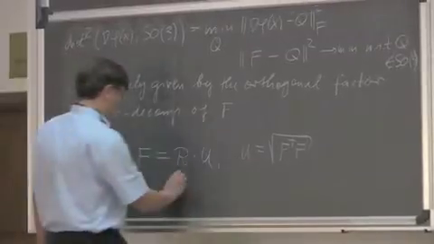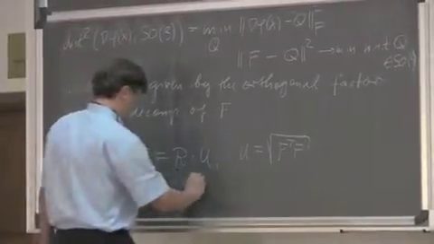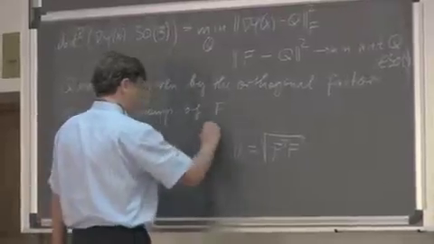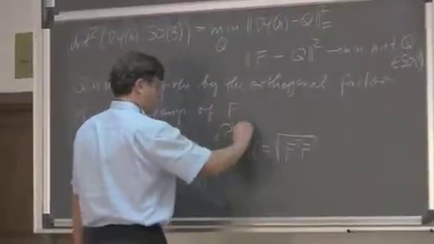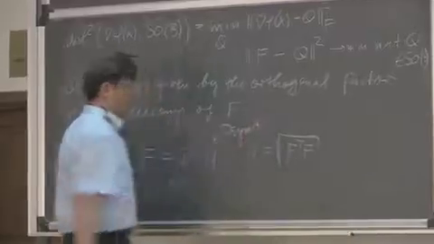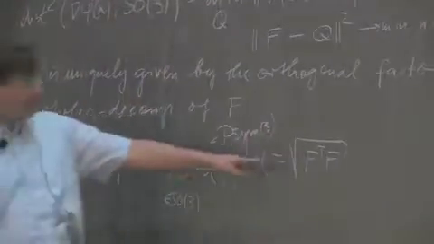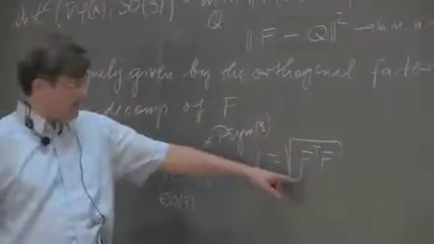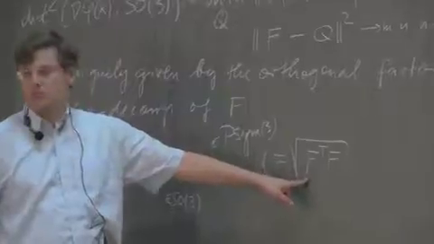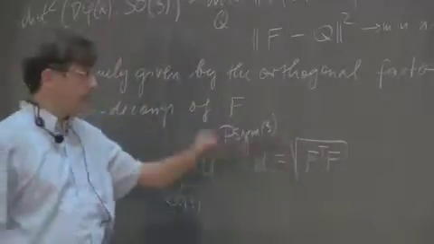So R is in SO3, and U is a member of positive definite symmetric matrices. The positive definiteness coming from the assumption which I have made that F is invertible. Then this is a positive definite matrix.